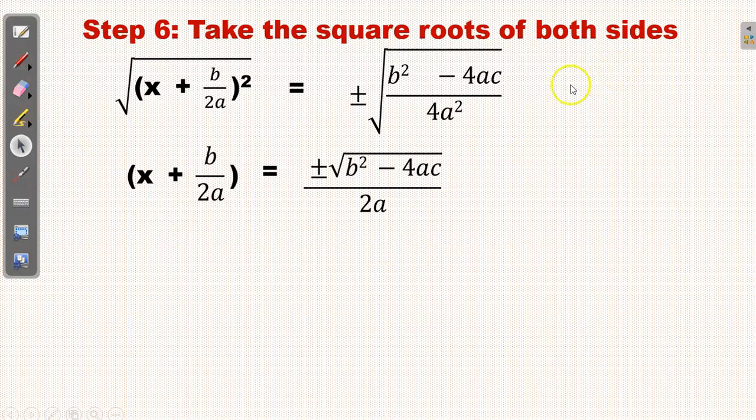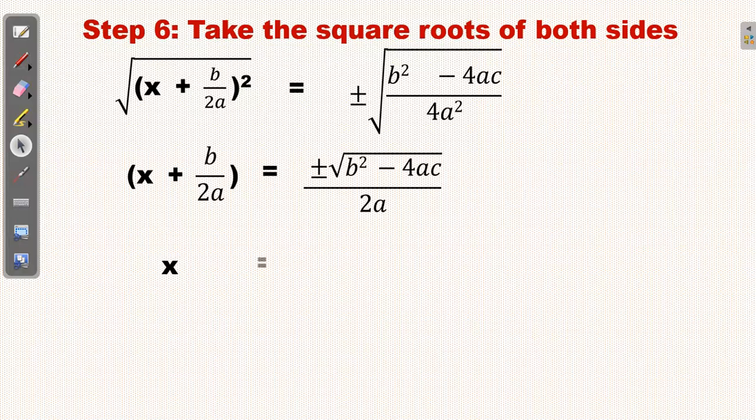We were unable to get the square root of the numerator because it's not a perfect square, but we could get the square root of the denominator. So we have x plus b over 2a to give plus or minus the square root of b squared minus 4ac all over, now the square root of 4a squared is 2a.